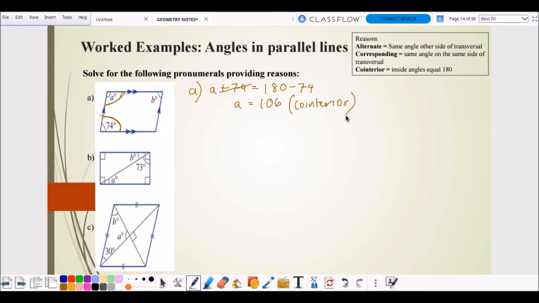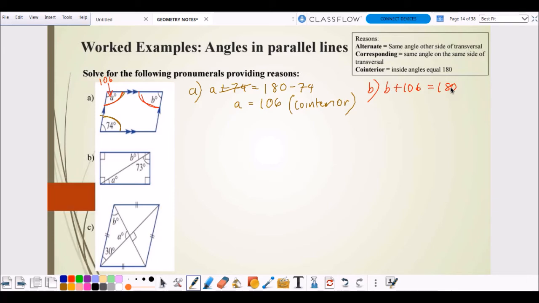Okay, co-interior, so you have to provide the reason for it. Now, angle B, let's look at that. Looking at angle B, remember this is 106 degrees. So similar principle, co-interior, if you look at it, there and there, these should also equal 180. So B plus the 106 should equal 180 degrees.